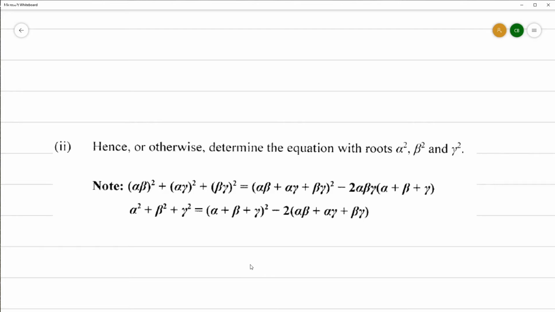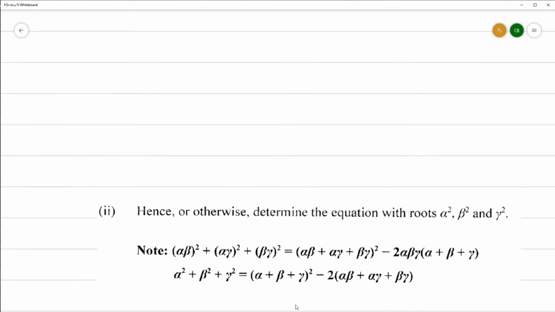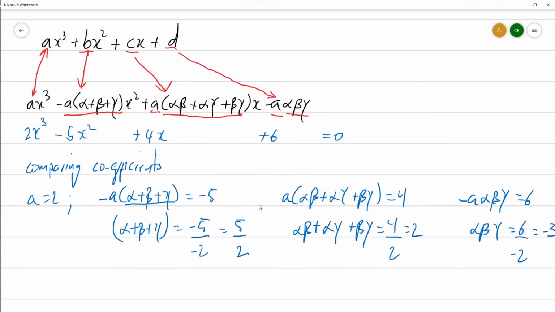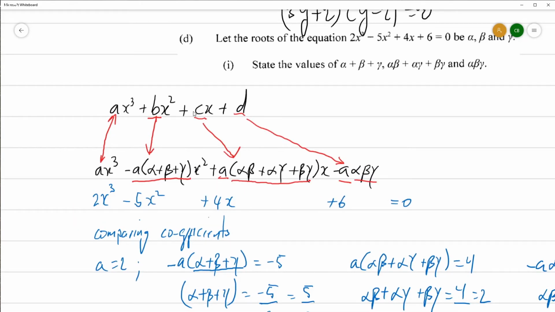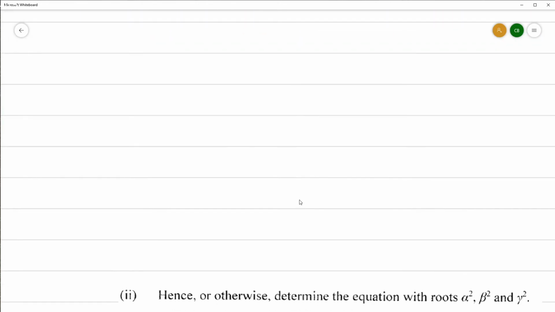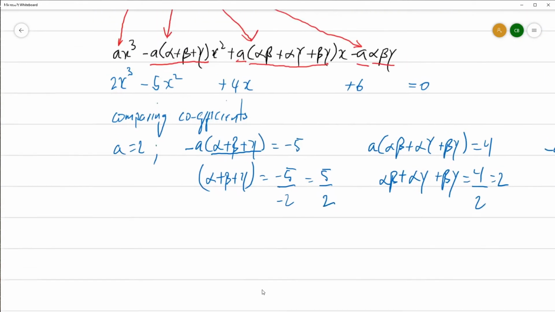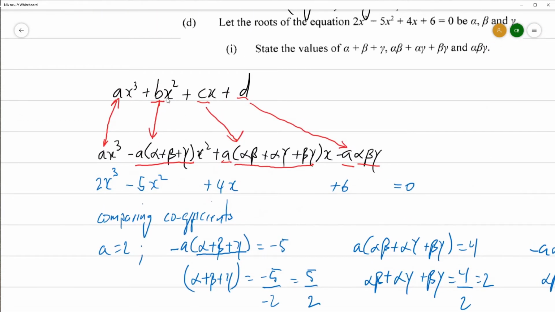So let's go back to the comparison. Let's look at b. We can't find a yet. They did not give us information so that we could get the constant. So let's look at b, being the coefficient of x squared. The coefficient of x squared is equal to minus a times the sum of all three roots.